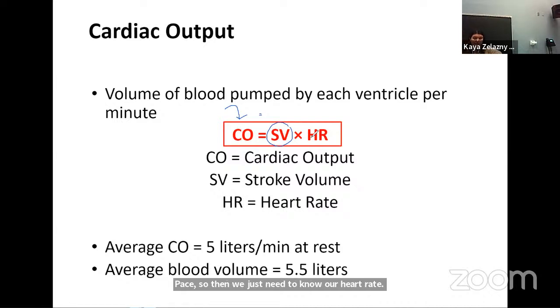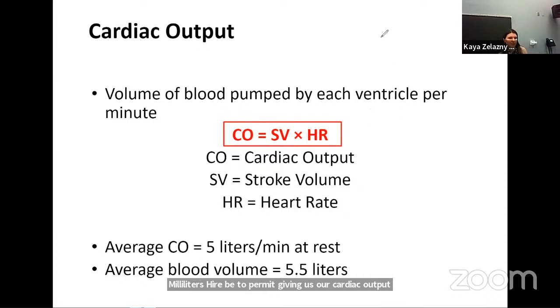Let's see. My pulse is currently 112 beats per minute. So you multiply by your heart rate, right? Those are the units on your heart rate, beats per minute. That's what BPM is. So you multiply our volume in milliliters by our beats per minute, giving us our cardiac output.